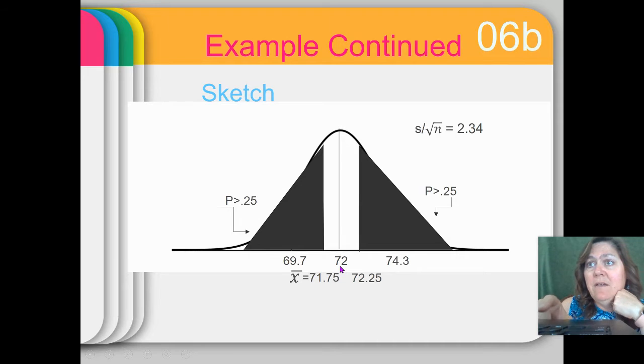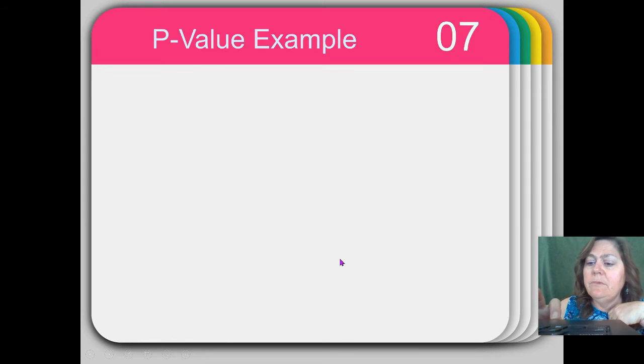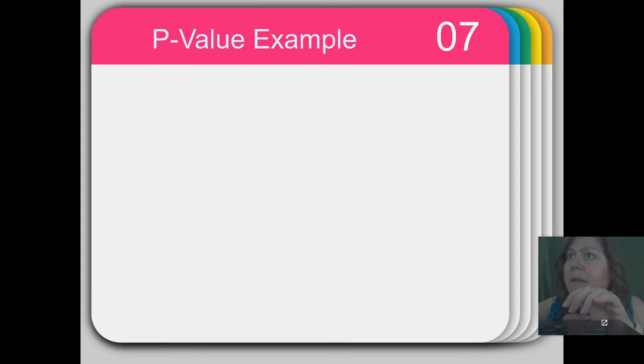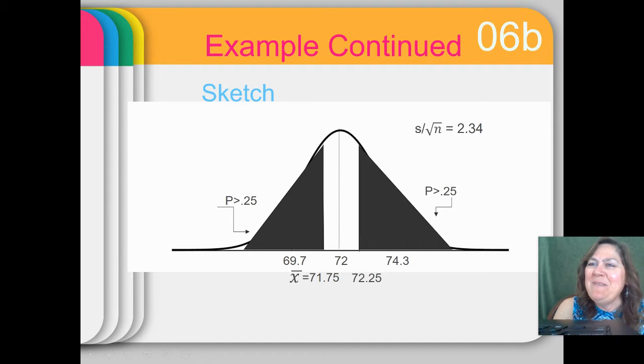Here's your mean from the, oops, sorry about that. What happened here? Let me go back. Okay, sorry. The mean from the claim right here, 72, and then our X bar was 71.75. So we were just 0.25 away. So I went 0.25 away on the other side of it. Okay, it's two-tailed.